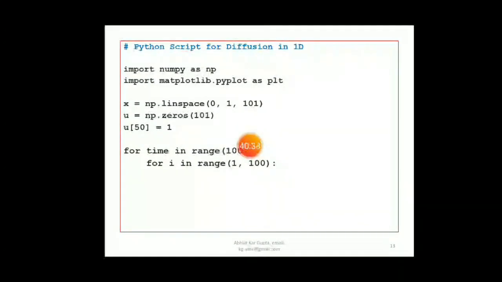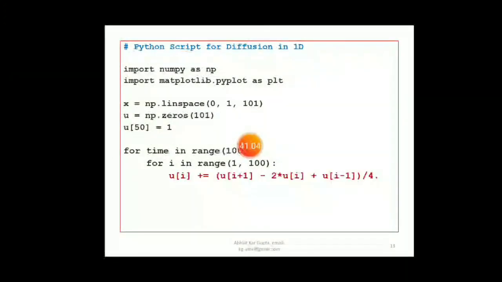After that there is a loop on space, a loop on x. So for i in range, all the points between 1 and 100, meaning you don't touch 100. So it will update the points from 1 to 99. It will leave out the 0th point and the 100th point, because these two ends are at temperature bath and should be kept fixed.